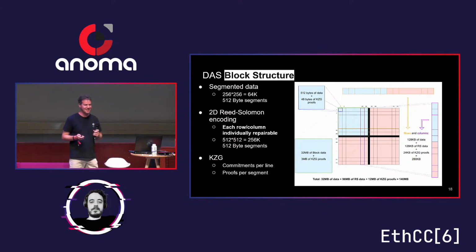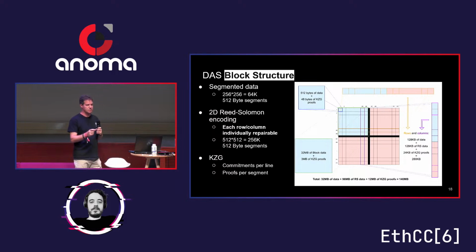So this is the actual concrete structure of Danksharding as it is envisioned now, just to put some numbers behind it. We have 32 megabytes of data in a block, and this is just rollup data, which is segmented to 256 times 256 segments, so it's 64,000 segments.